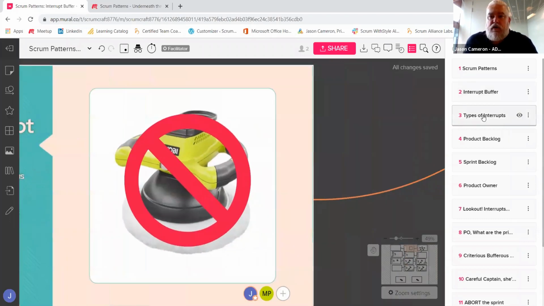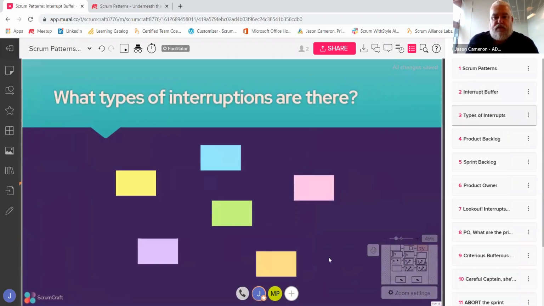And the first activity is one of those interactive type activities. So once you've jumped in, Anisha, I can see that you're in as well. But what type of interruptions are out there? That's kind of the data that I'm looking to get.